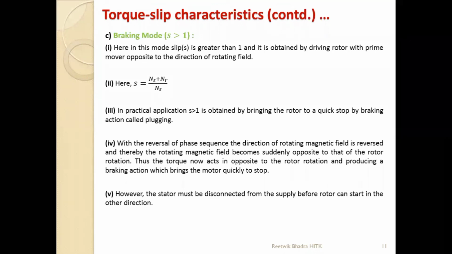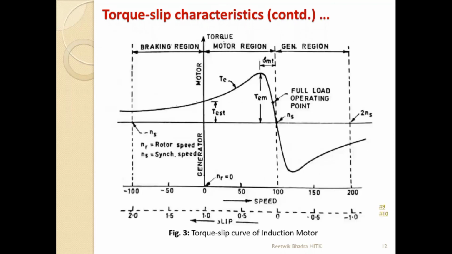So whenever you do this braking action, you can change the phase sequence of the supply terminals, but when you see the motor is just slowing down, you have to remove the stator terminals. Then only can your motor be brought to a stop. Without disconnecting, you can't stop your motor.